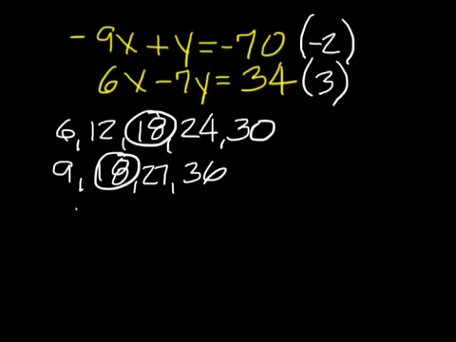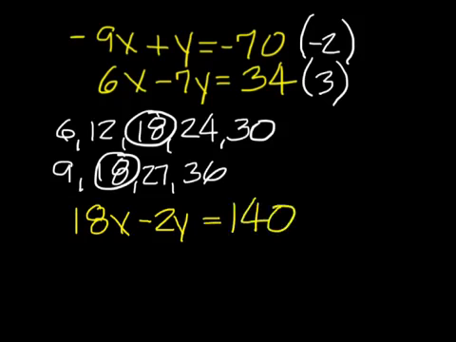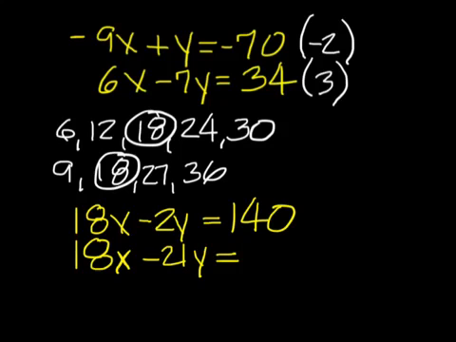When you do that, you get a positive 18x minus 2y equals 140. And then for the second one, you have to multiply all the way through by 3. When you do that, that's 18x minus 21y equals 34 times 3, which should be 102.